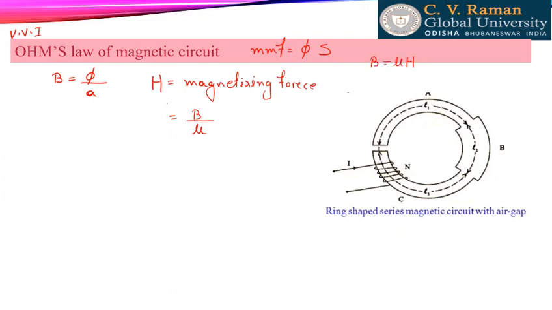B by mu can be written as B by mu naught into mu r. It can be written as flux divided by A mu naught into mu r. This is equation 1.